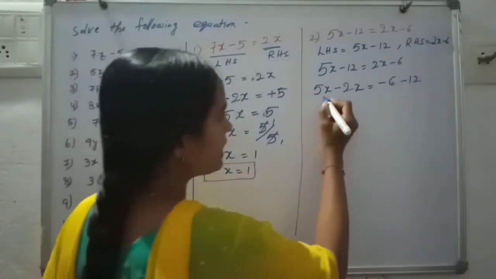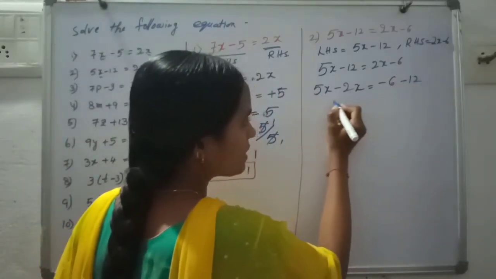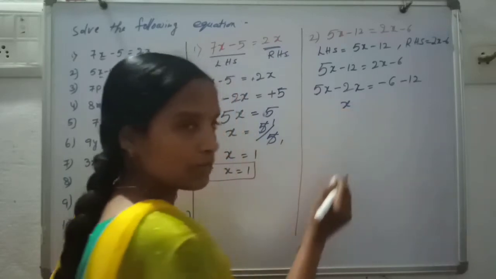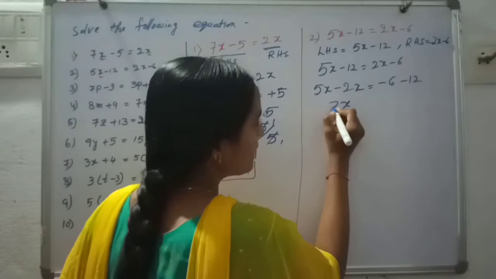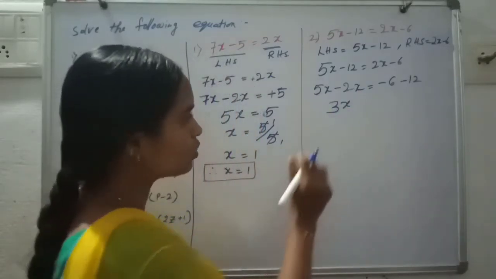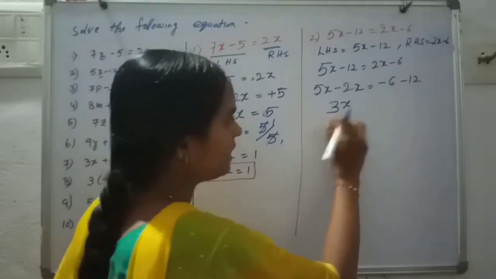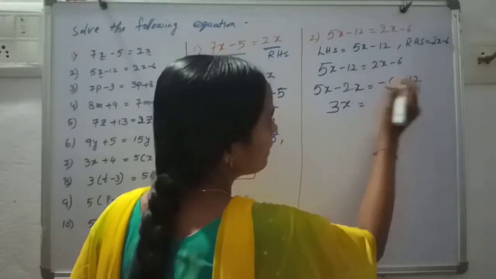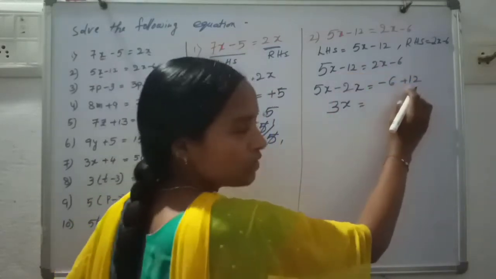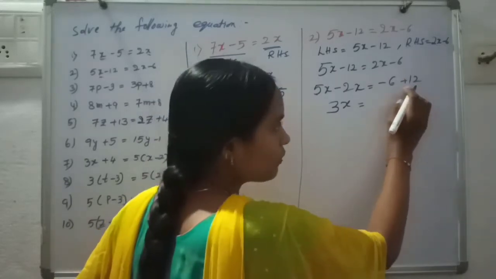Okay. Now let's see here 5x minus 2x. The x terms I am writing as 5 minus 2, which is 3. 3x equal to minus 6 here, and minus 12 comes with plus 12.